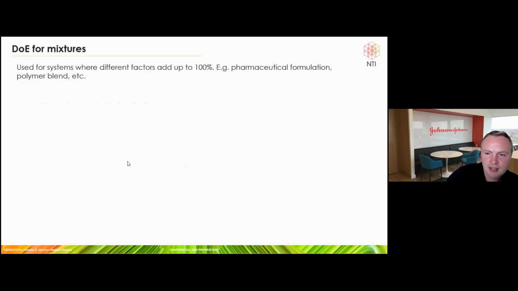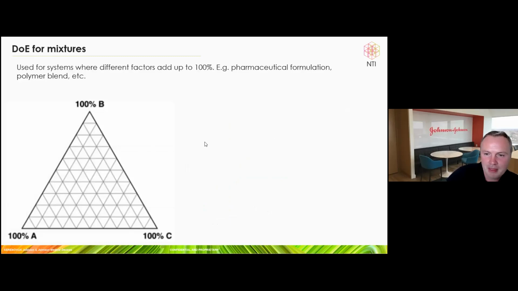Okay, one other point for mixtures. So if you're working on a formulation or a drug product, in these scenarios for a mixture, everything adds up to 100%. If you reduce one component, the other components have to go up in order to make 100%. So there's a special type of design for that called the mixture DOE.